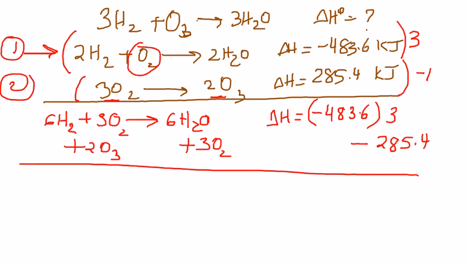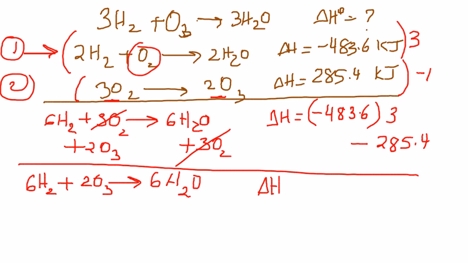And from here you can hopefully see that the 3O2 and 3O2 is going to get cancelled off, and you'll get the final equation, but we will need to divide that by 2 because all the three coefficients are divisible by 2. So what comes out to be negative 1736.2, but that is for the 2 moles of ozone.